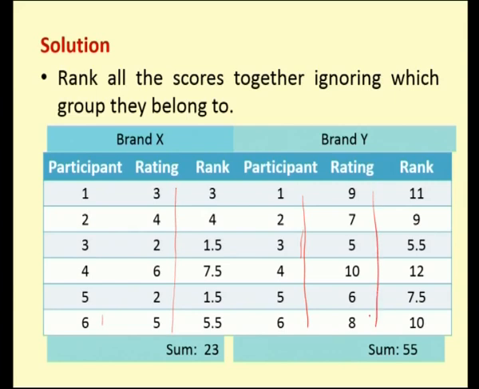Now I have to rank. I will keep the ratings as such instead of combining. To start with, 1 is not there, so 2 is there. When you come to 2, you find that 2 values are there, meaning ranks 1 and 2.